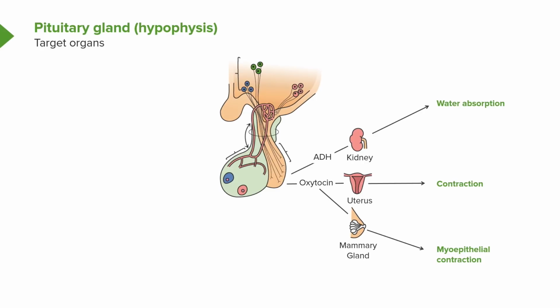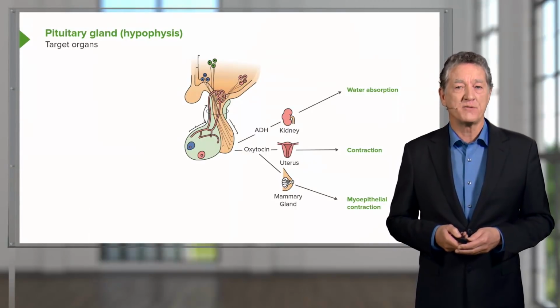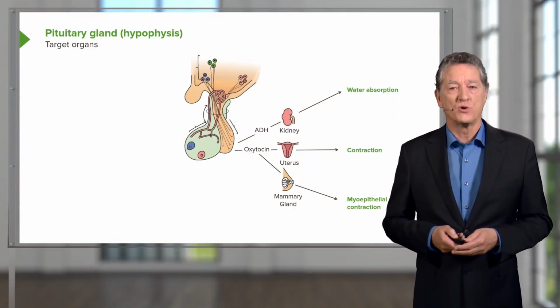And this is just a summary. Endocrinologists will deal with these sorts of roles these hormones have in far more detail. Here, I'm only giving the histological background and basis for these hormonal products.